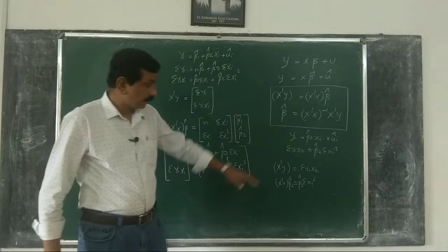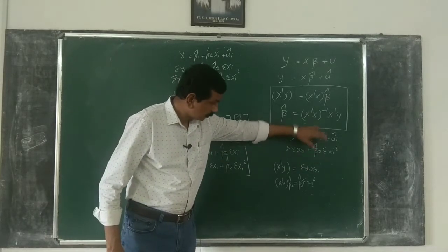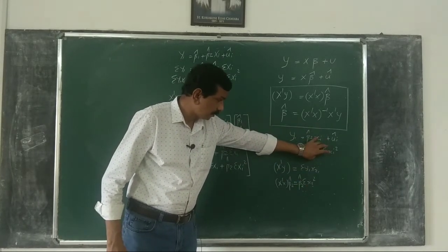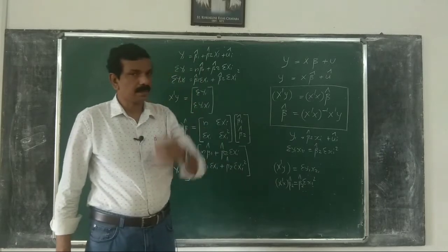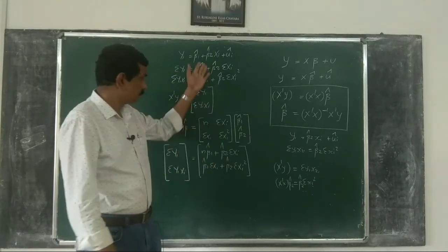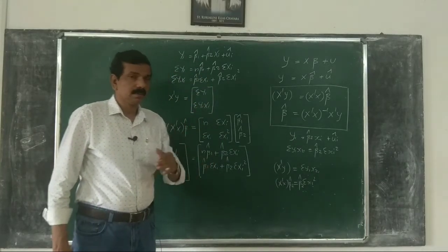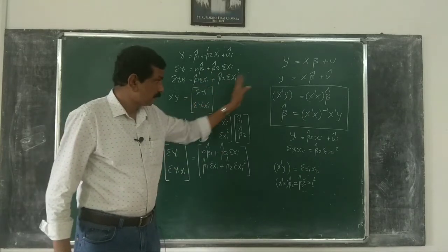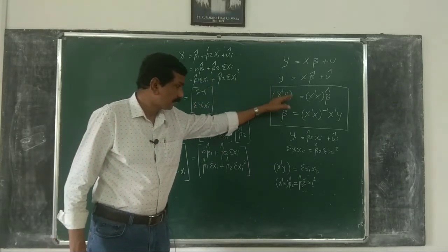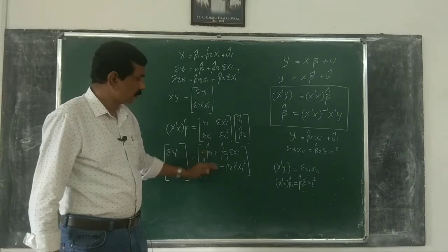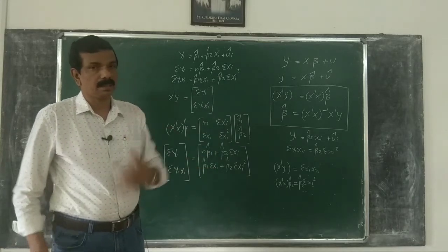So in deviation form, this is the normal equation. There is only one normal equation in deviation form. So this is the correspondence between the normal equations in matrix algebra and the usual ordinary algebra.